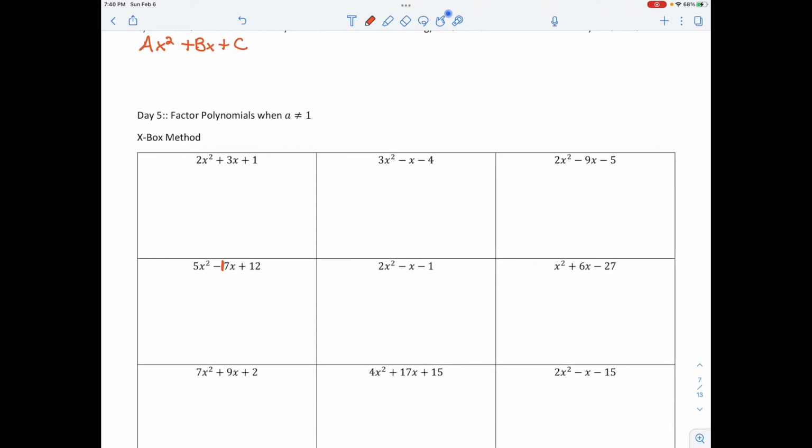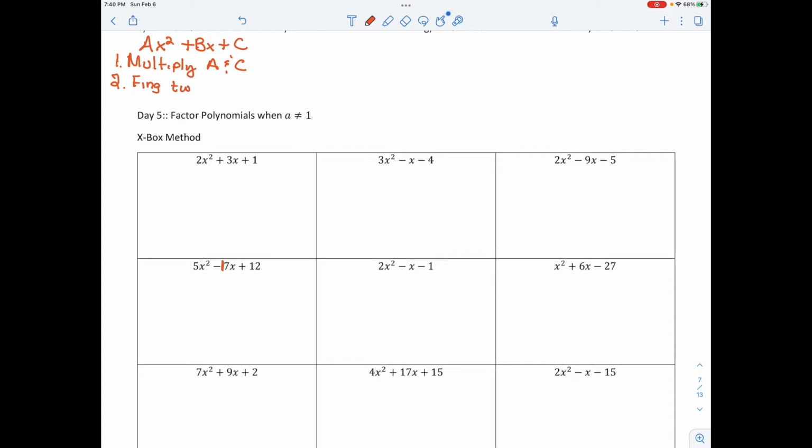So in doing this, the first thing we need to do is multiply. Our first step is to multiply a and c. After we multiply a and c, we're looking for two numbers. So find our magic numbers.